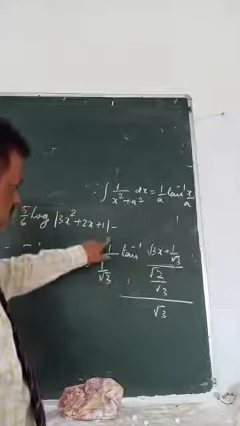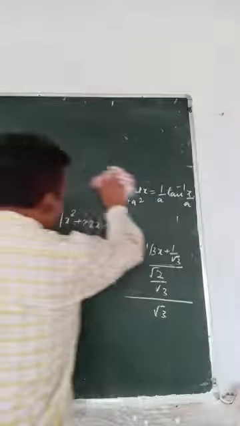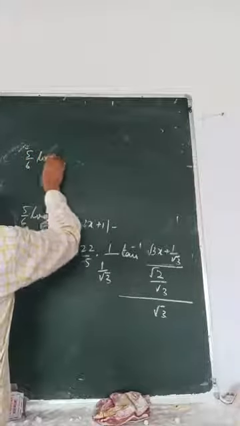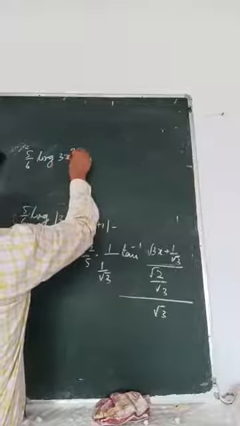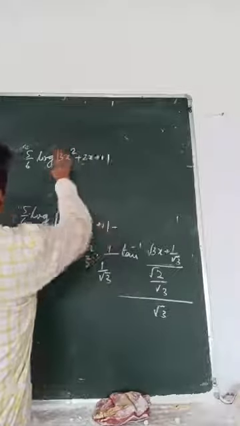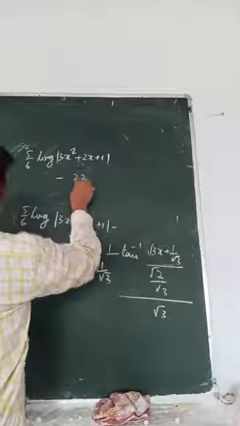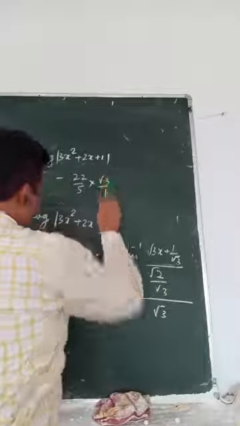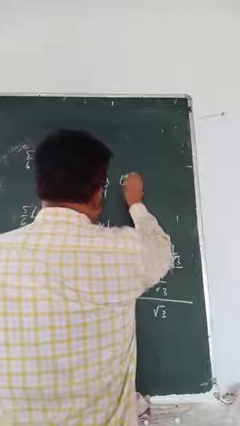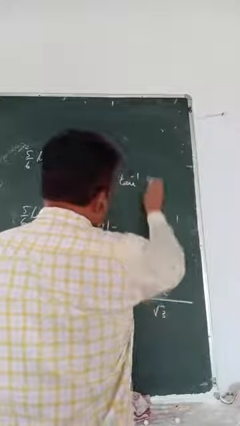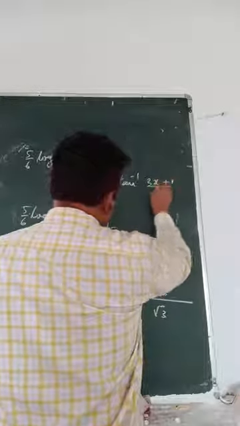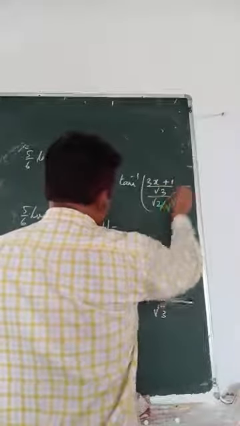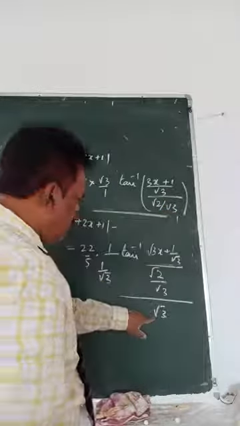How? Now this will go to numerator. So 5 by 6 log 3x square plus 2x plus 1 minus 2 by 5, this is root 3 by 1 tan inverse root 3x plus 1 by root 3 divided by root 2 by root 3, whole divided by root 3.